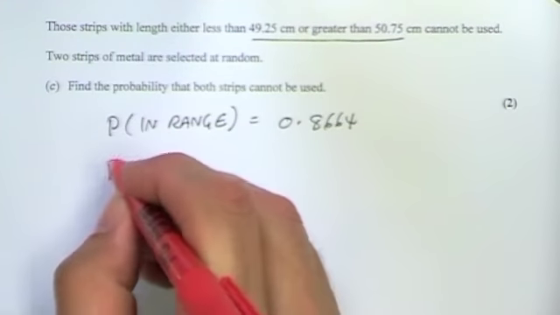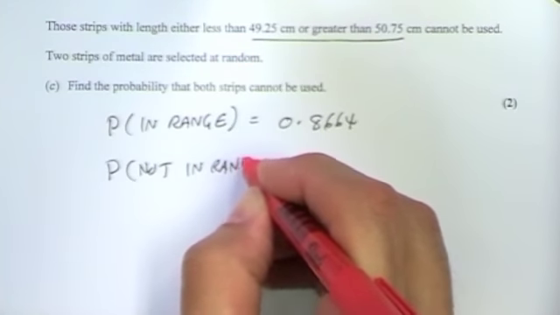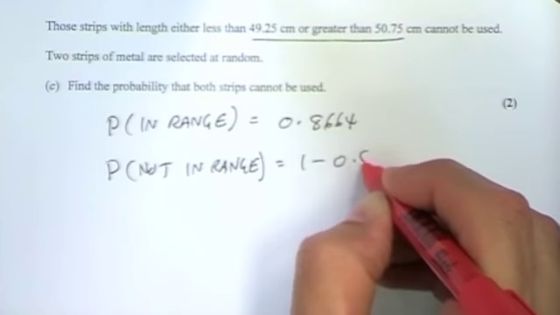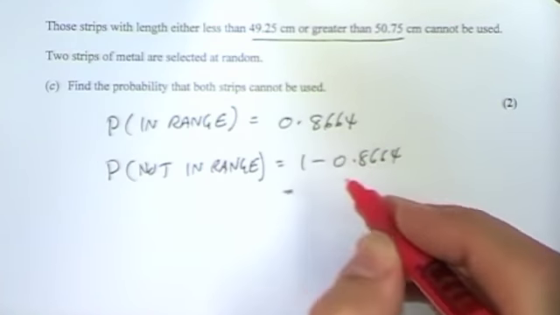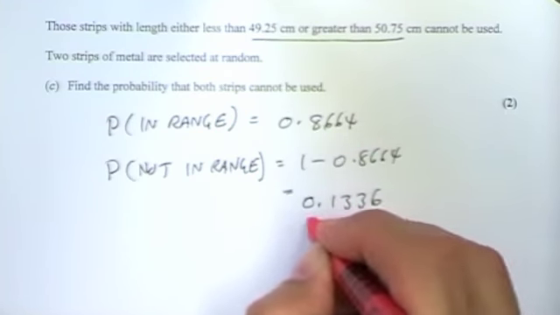0.8664. The probability of not in range equals 1 take away that, which must equal 0.1336.